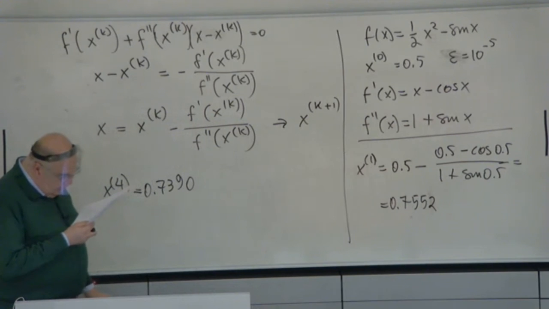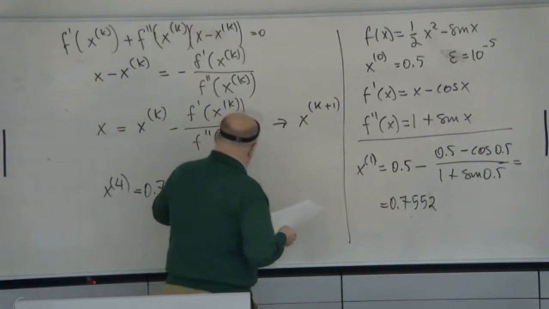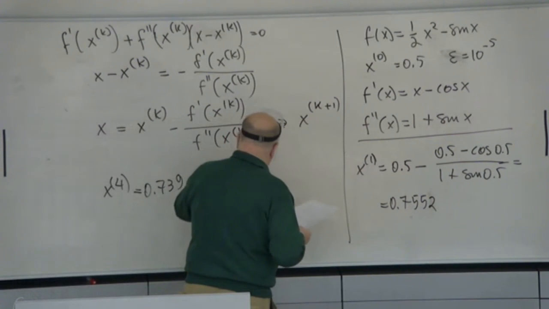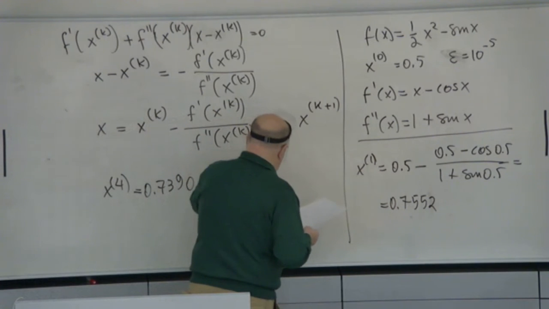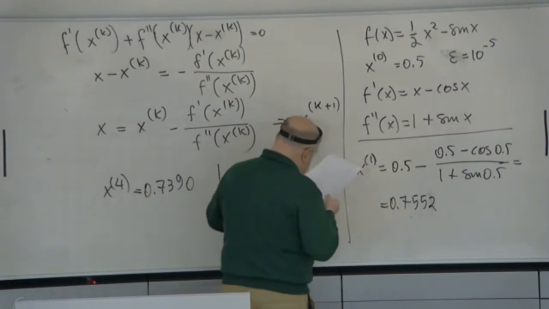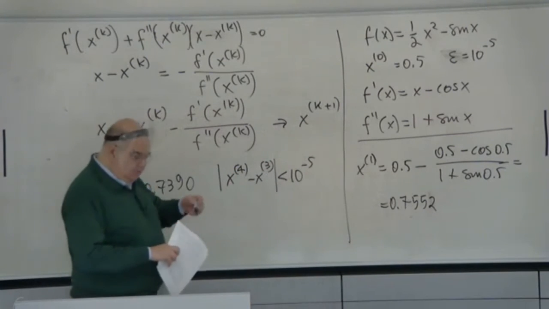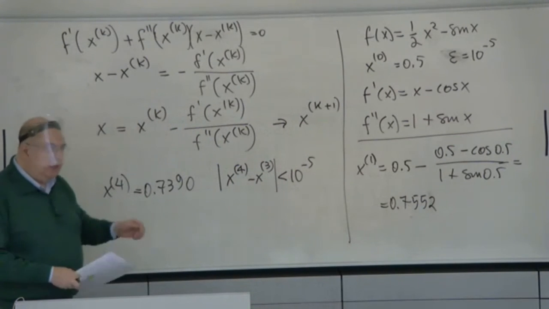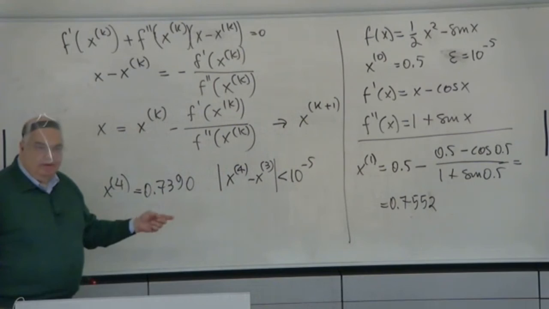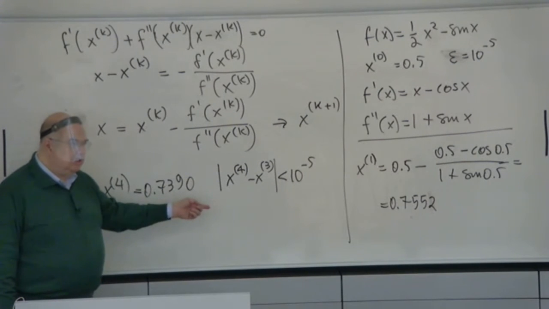And the good thing about x4 is that the absolute value of x4 minus x3 is less than 10 to the negative 5. So this is one way of stopping. Probably you have already seen these things.